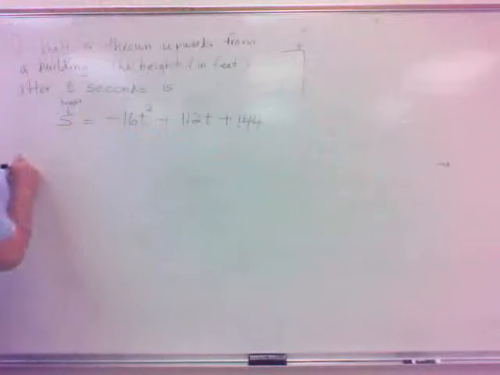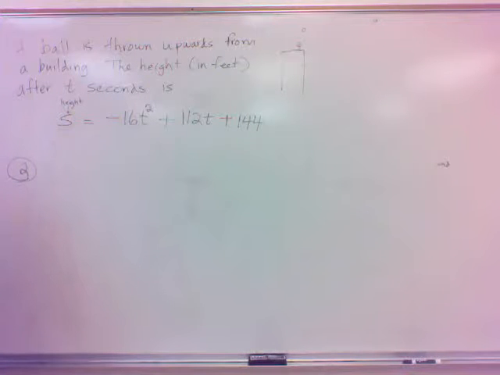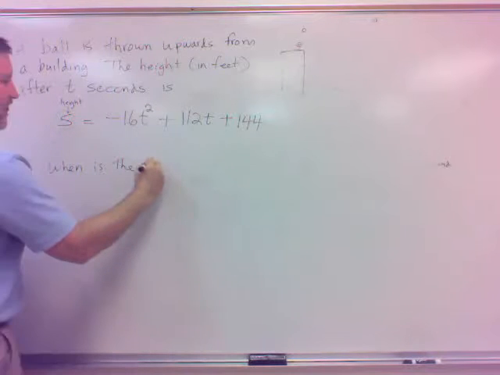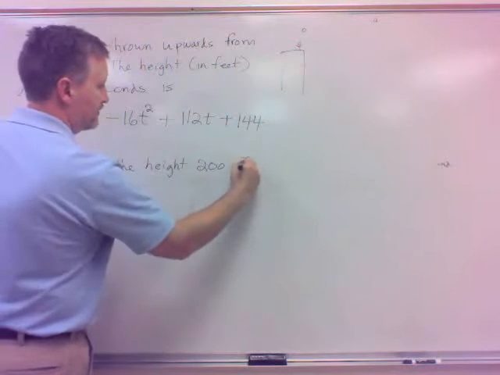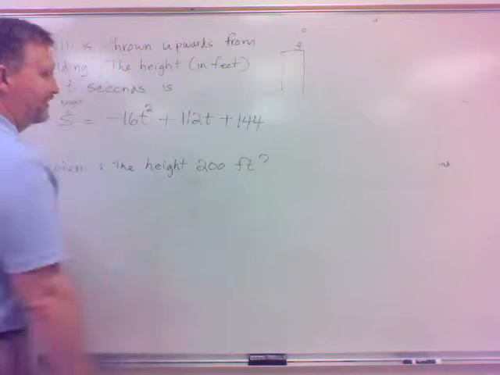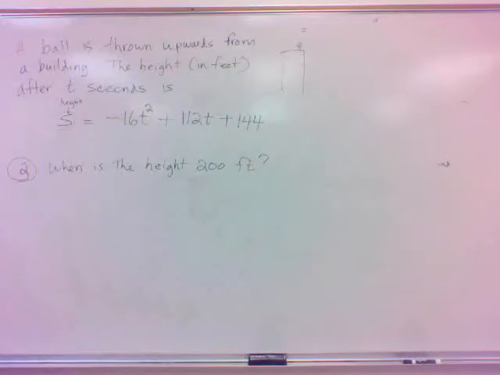All right, number 2. Number 2 is, when is the height 200 feet? And I don't think it's double. All right. So again, I've got the S is 200, right? The height.